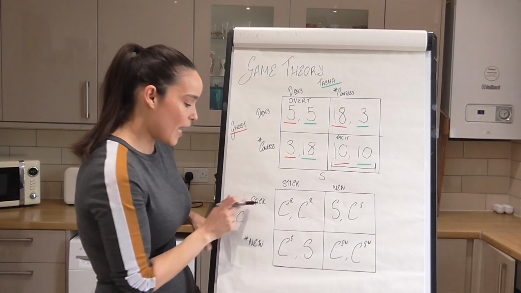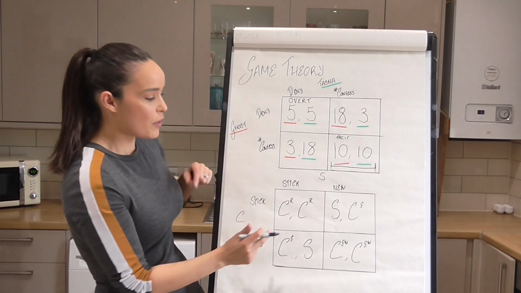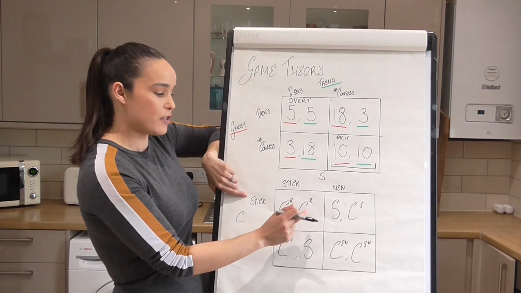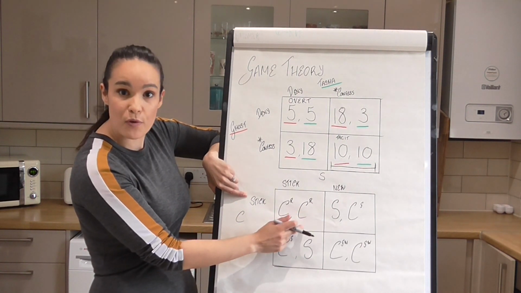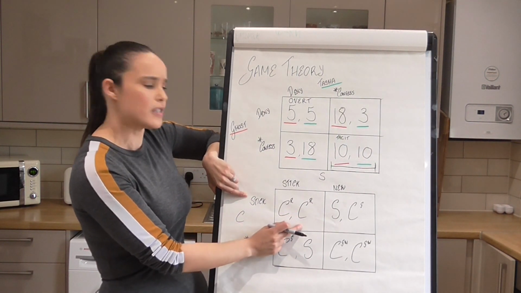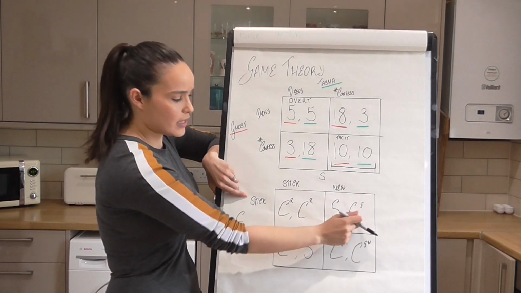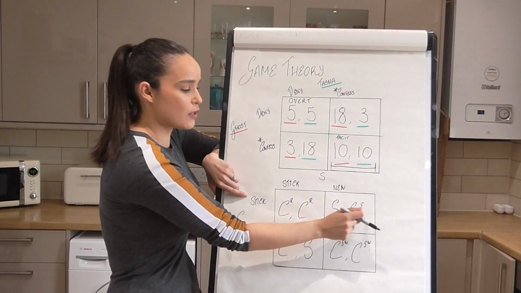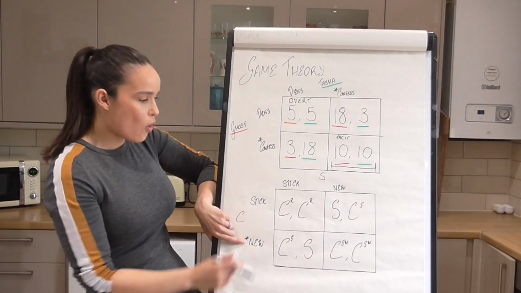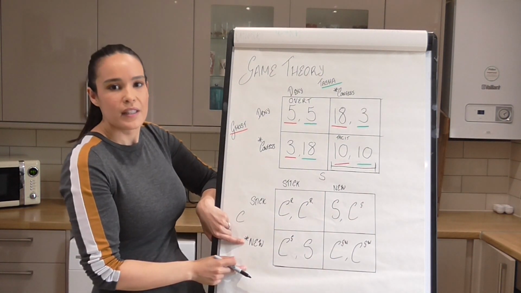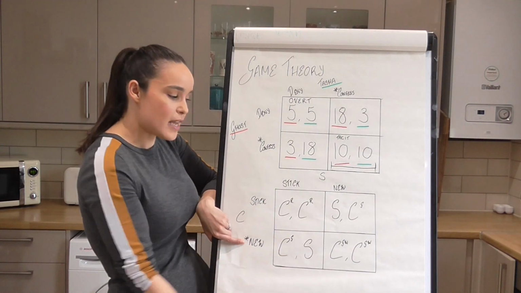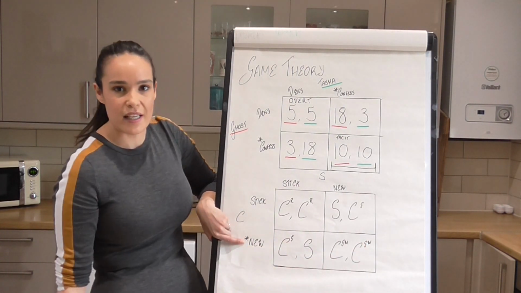If Callum decides to stick, then she has a choice. If she also sticks, then they're a couple, but it's risky. Or she can get a new couple and it's guaranteed. The guarantee is better than the risk, so she'll pick someone new. If he picks somebody new, then she is either single or a weaker guaranteed couple.